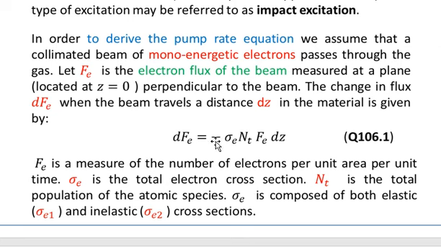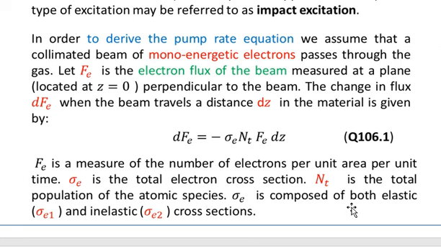And this negative sign is due to the fact that Fe will decrease with the distance z. Fe is a measure of the number of electrons per unit area per unit time. Sigma E is the total electron cross-section. Nt is the total population of the atomic species.